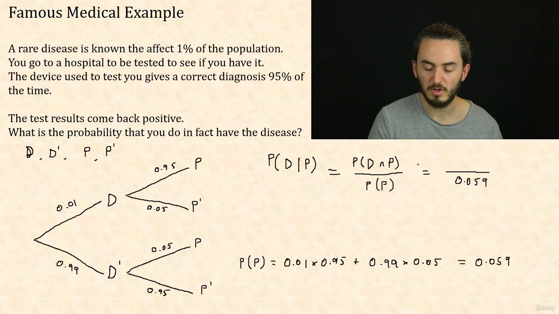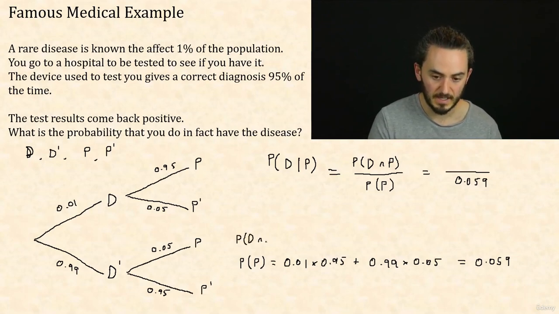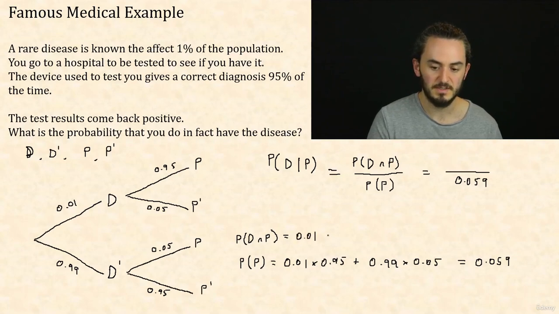And then our numerator is probability of D and P. That's the probability that you have the disease and you get a positive result. Well, probability that you have the disease and you get a positive result is just multiplying up those branches. So 0.01 times 0.95, which is 0.0095.